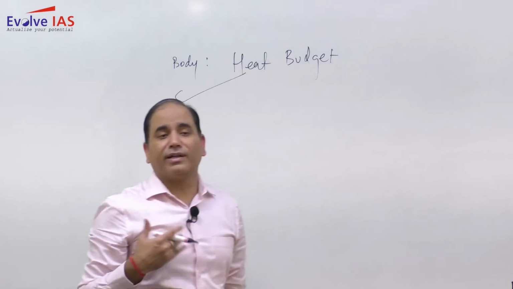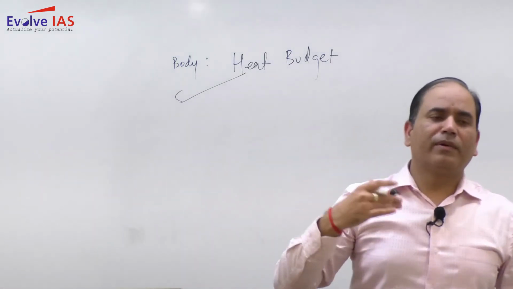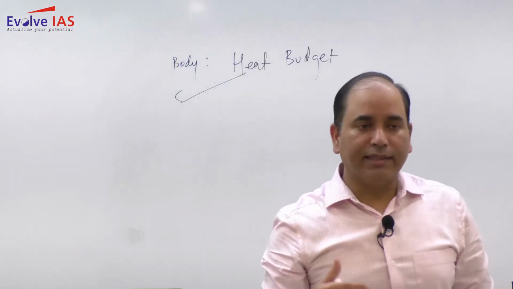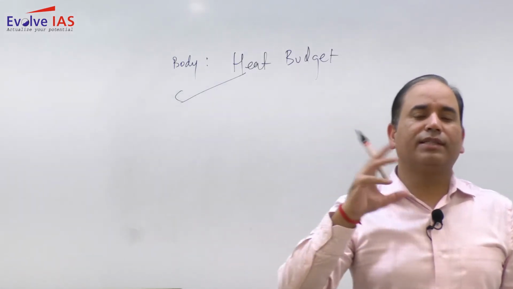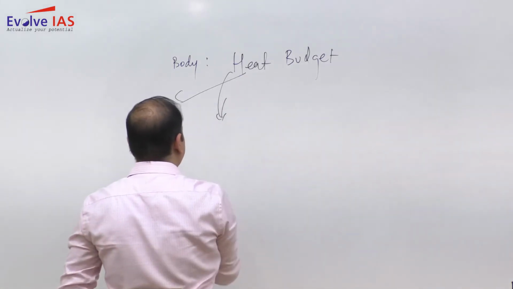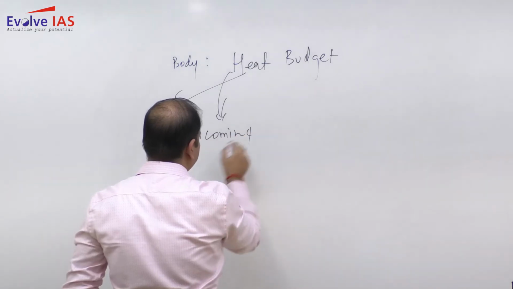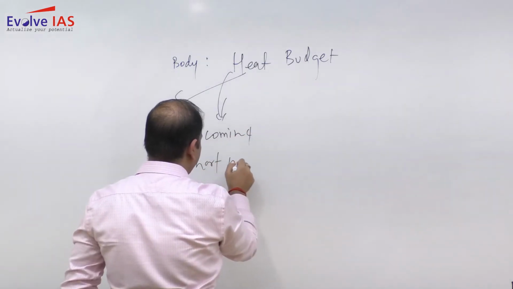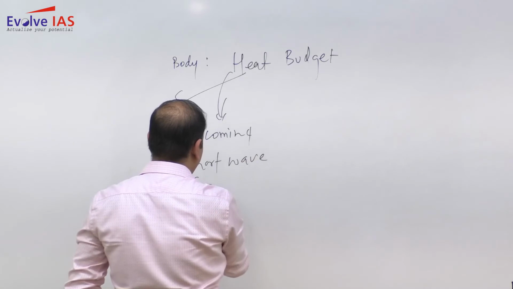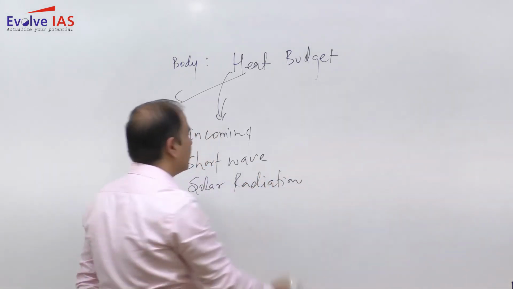So the diurnal temperature variation on the earth's surface is simply because of the normal heating and cooling. Earth gets heated up during daytime and loses its heat during the night time. The heating of the earth is associated with the incoming short wave solar radiation.